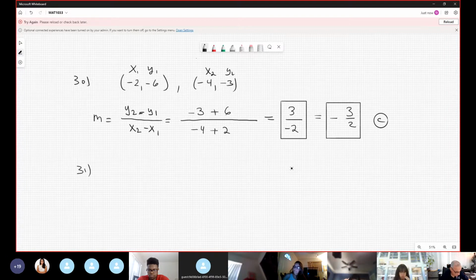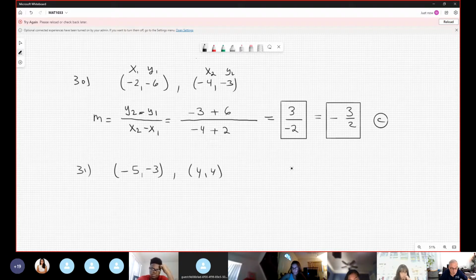Okay, 31. Negative 5, comma, negative 3, and 4, 4. Again, the repetition is the same. x1, y1, x2, y2.